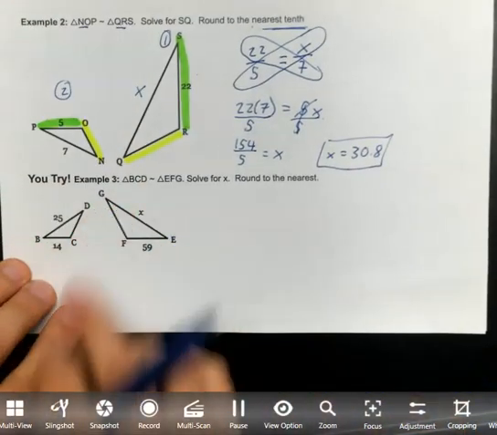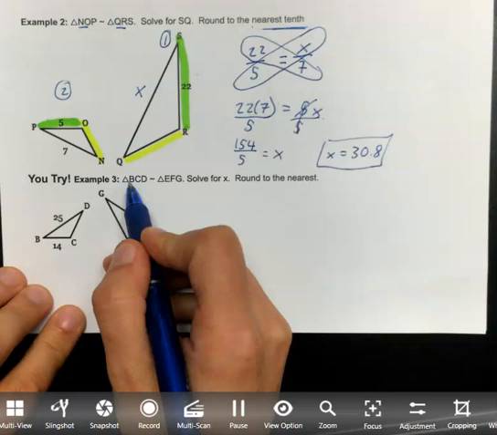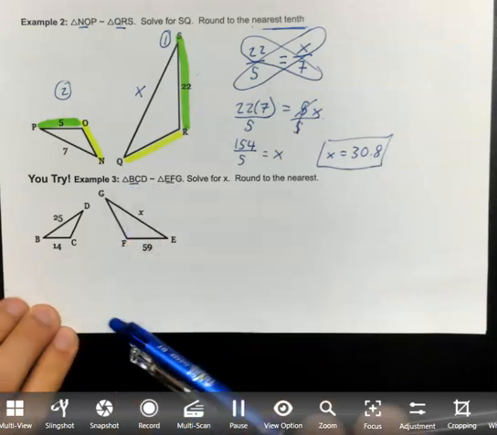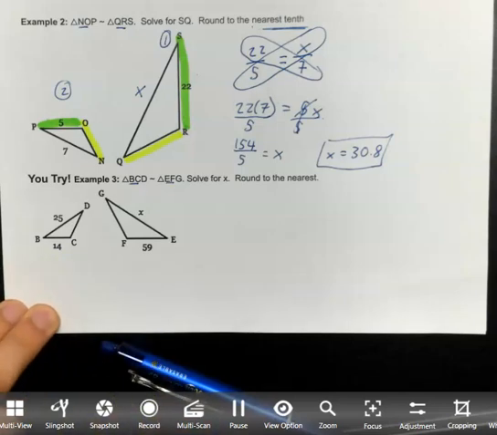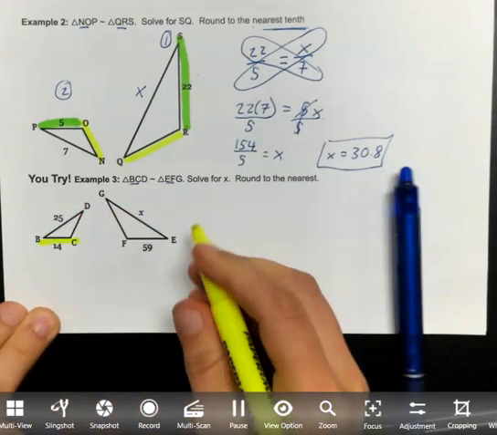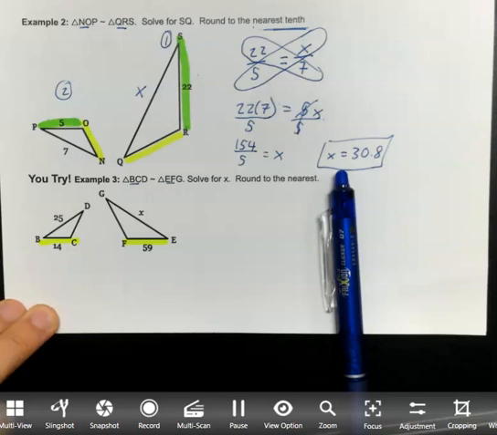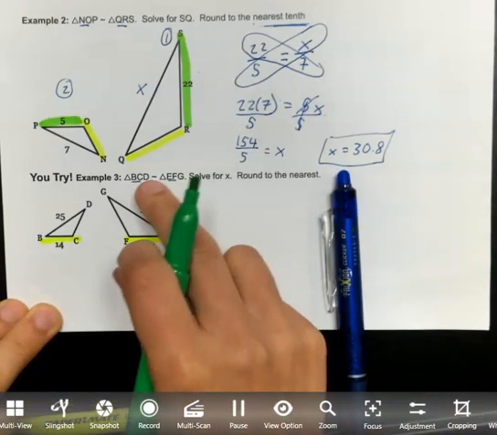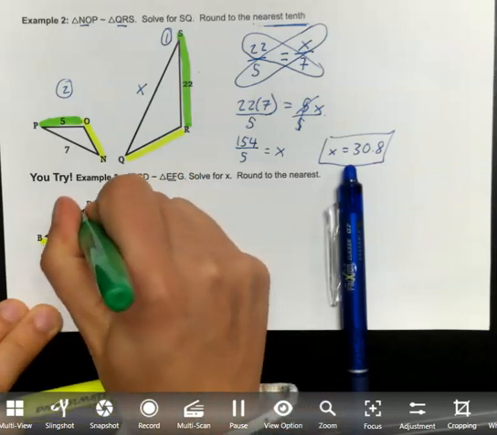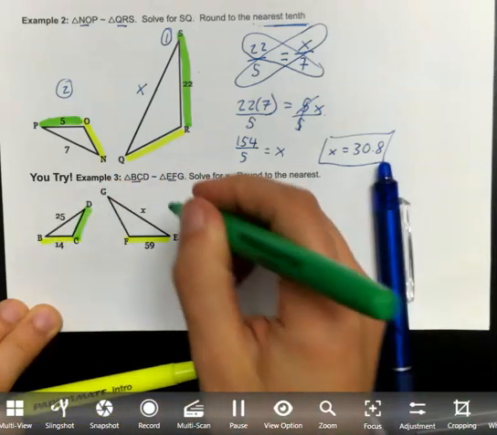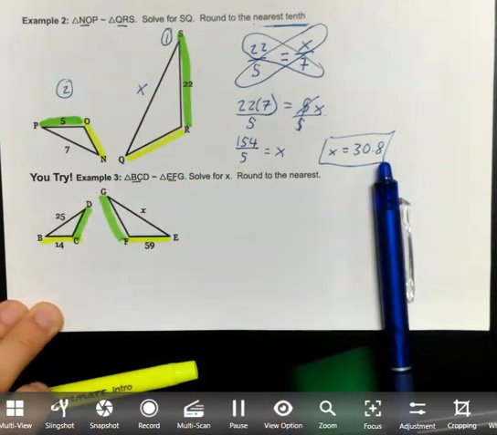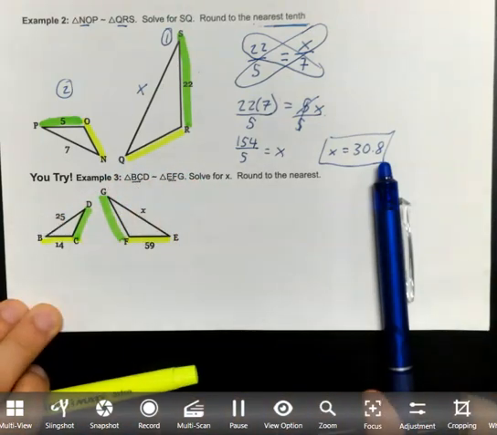Let's match up our triangle pieces. BC, first two letters, goes with EF. CD, last two letters, goes with FG, which means this blank goes with that blank.